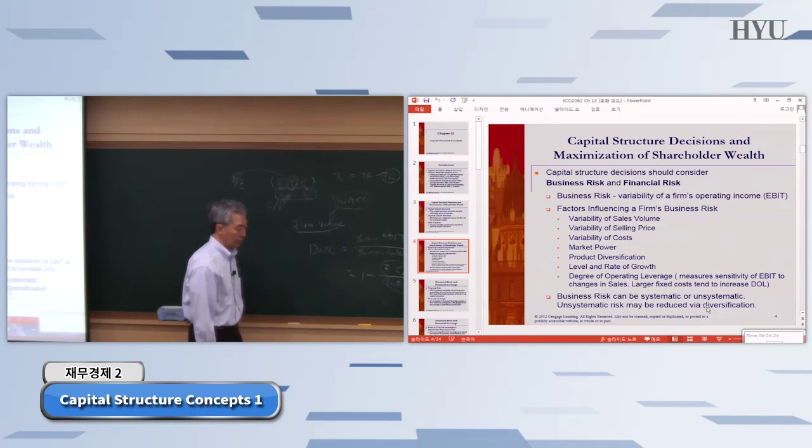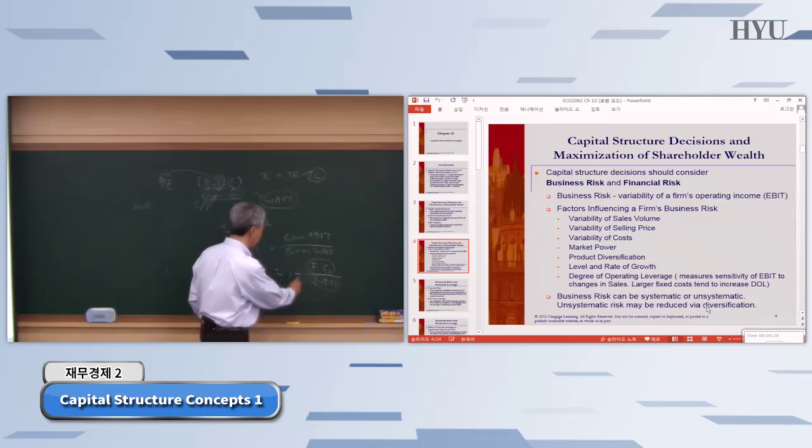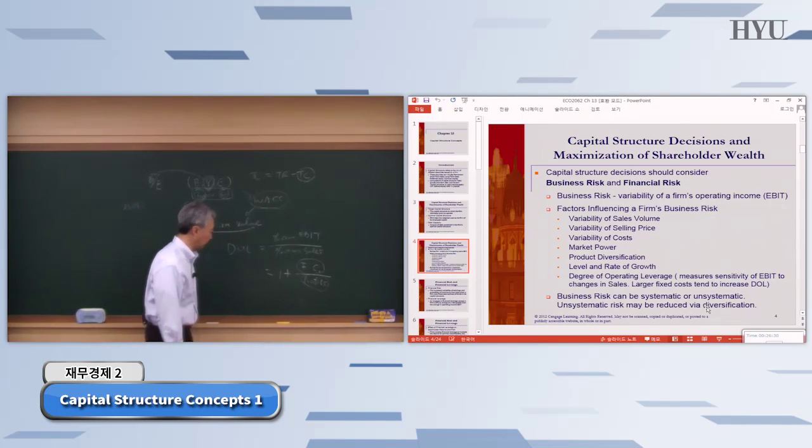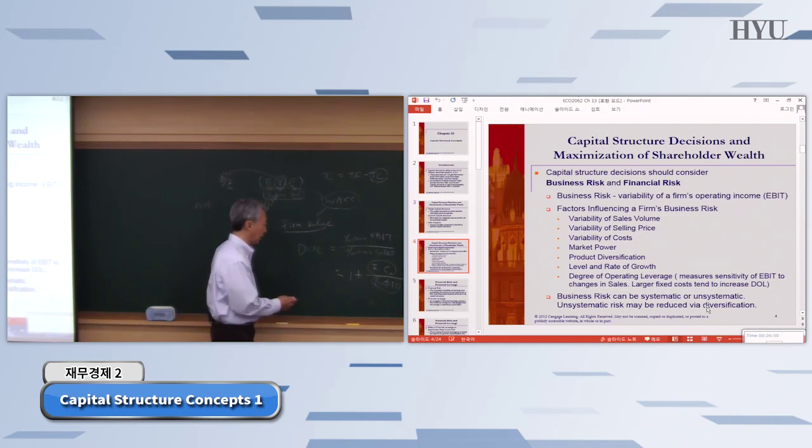I'm sorry, it can't be, it's 1 plus fixed costs divided by profits, right? So the larger the fixed cost, the larger the degree of operating leverage. And we're going to talk about it exactly in the next chapter to understand why.